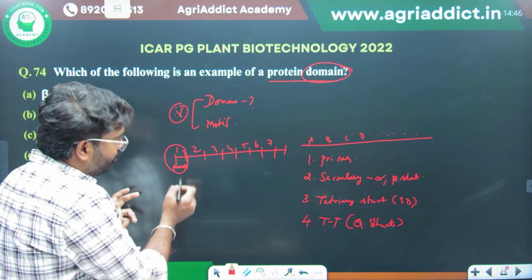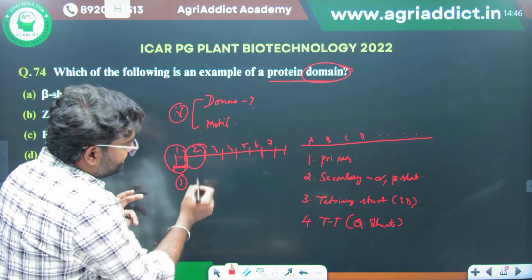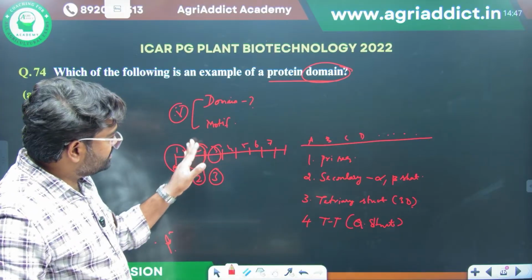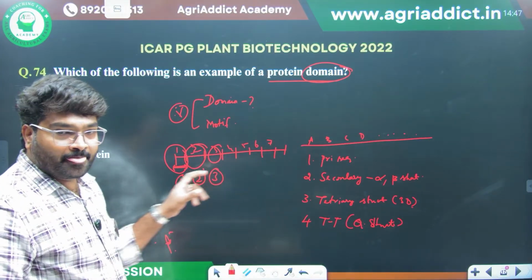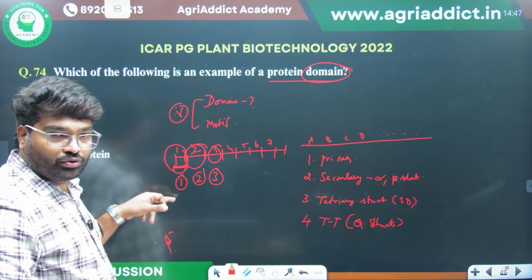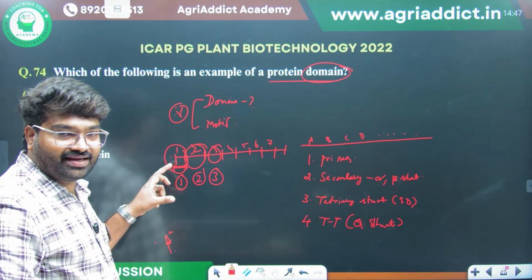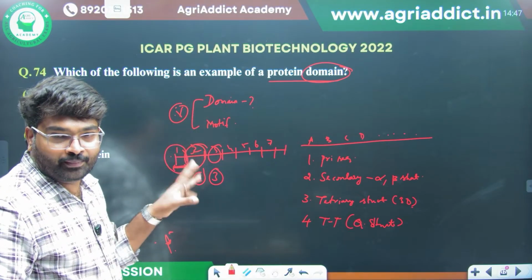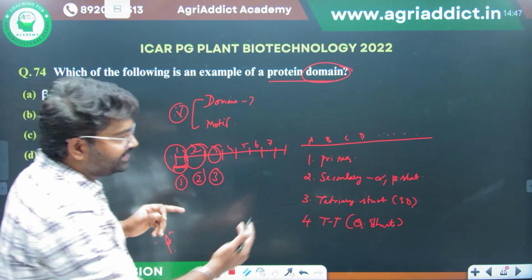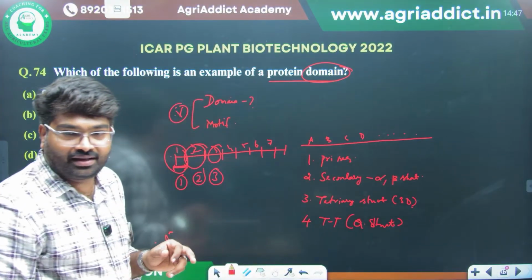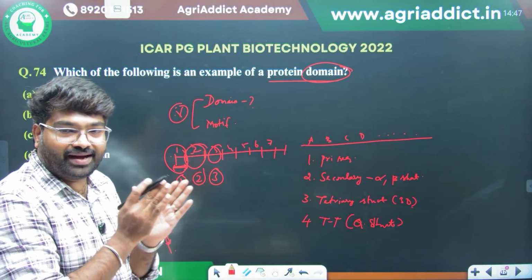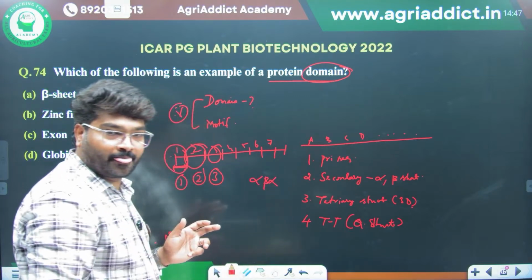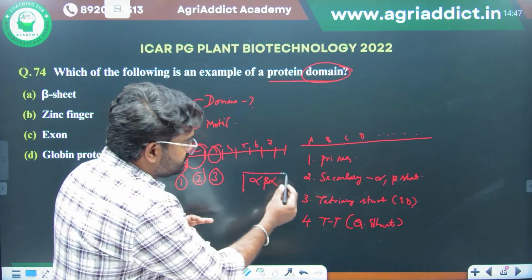This is the first domain, this is the second domain, this is the third domain. Even if the other segments are removed, the first segment has the capability to do the catalysis. That is why it is an independent functional unit of a protein, known as a domain. Motif means, for example, secondary structures like alpha and beta bound together, for example alpha beta alpha. This is one of the motifs.